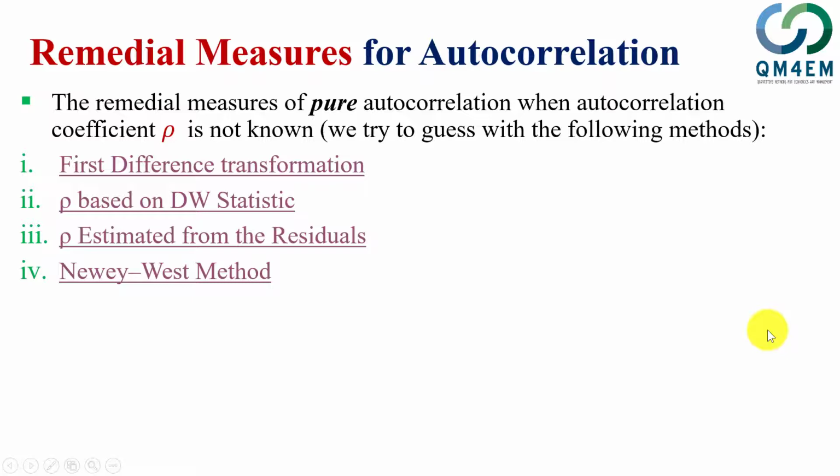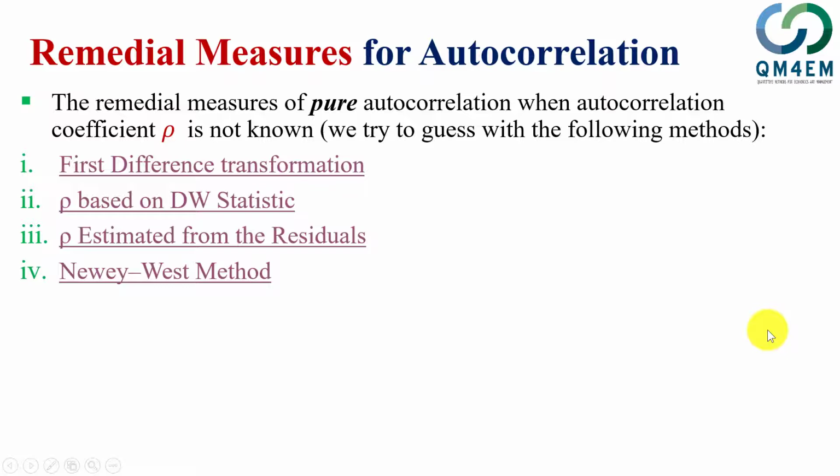However, to perform this transformation, we require the value of the autocorrelation coefficient rho, which is not known to us. Then we saw three ways through which we can find this rho. The first one was the first difference transformation, in which we assume the rho value is equal to 1 or close to 1.